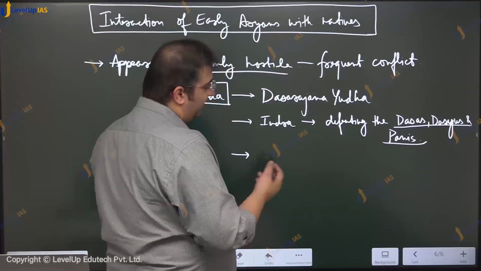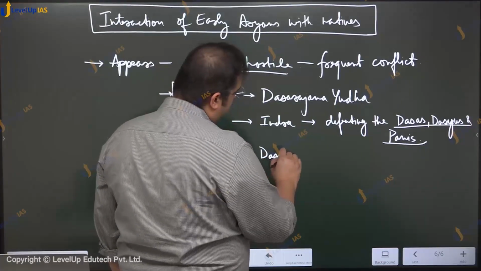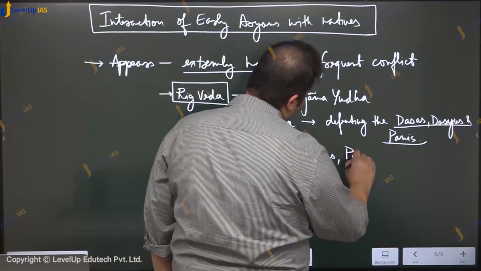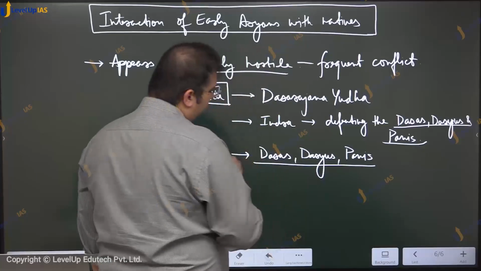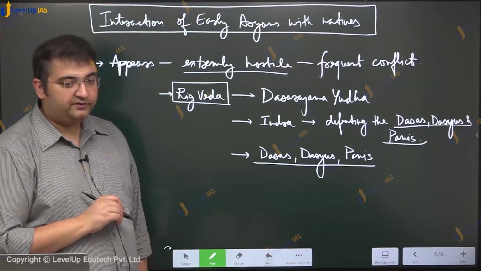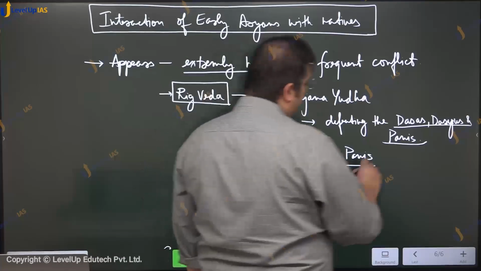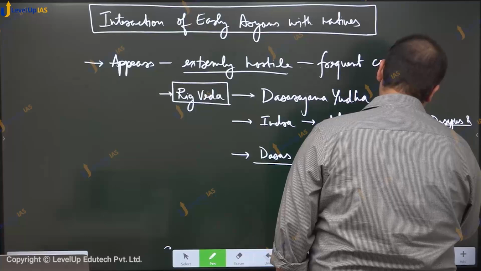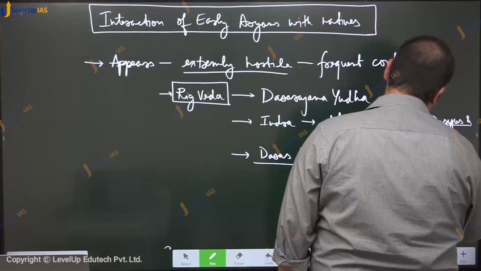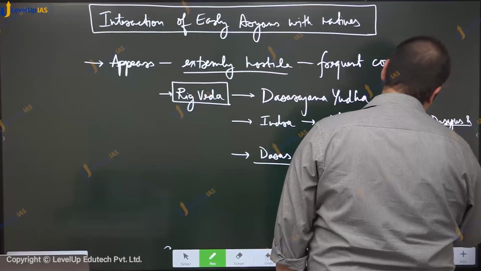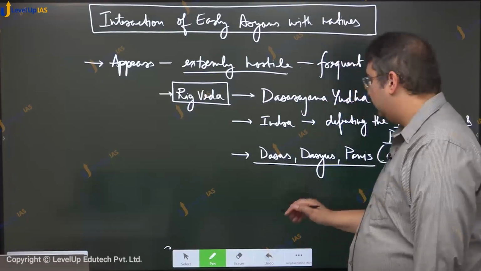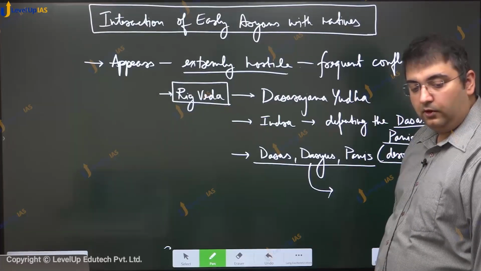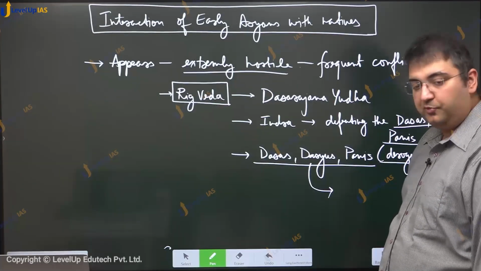In fact, the very terms dasas, dasyus and panis, किस तरह के terms हैं? Are they terms of adoration or terms of derision? They are terms of derision. These are derogatory terms. These groups constituted which portion of the population?